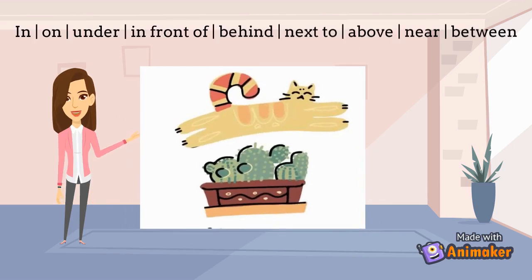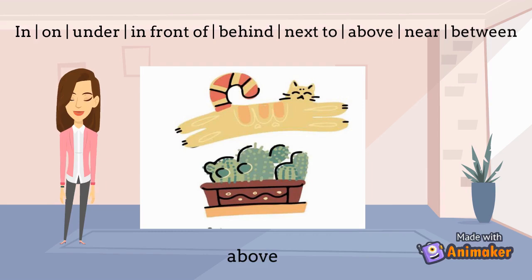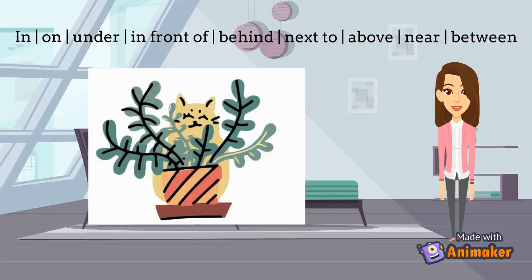Let's try together. Choose the best preposition to show where the cat is. Good job. The answer is above. What about this one?